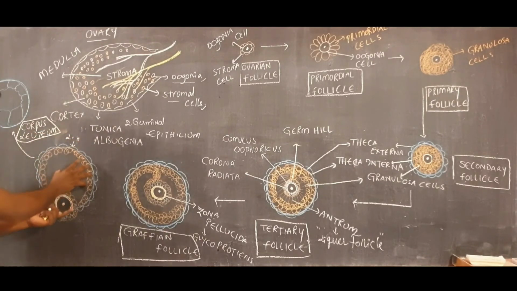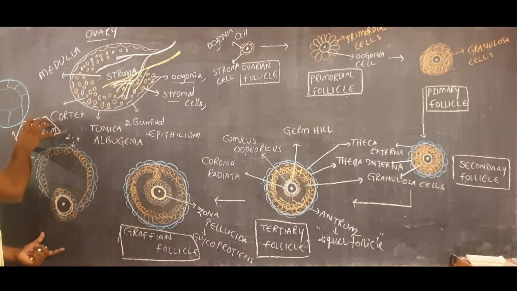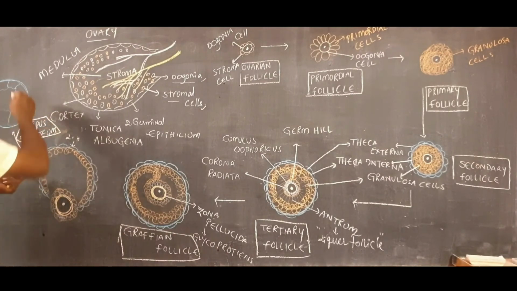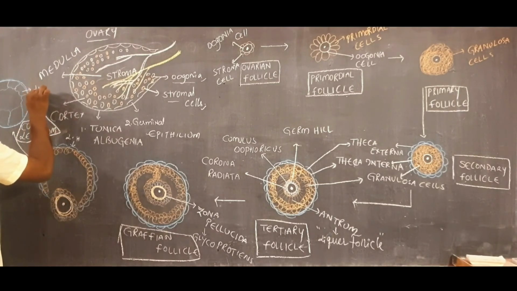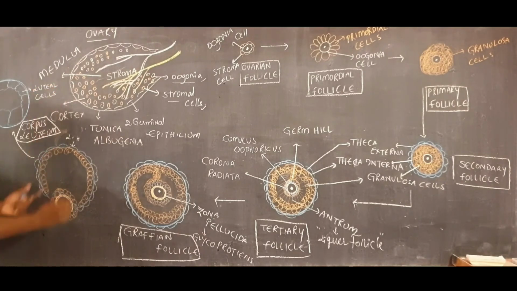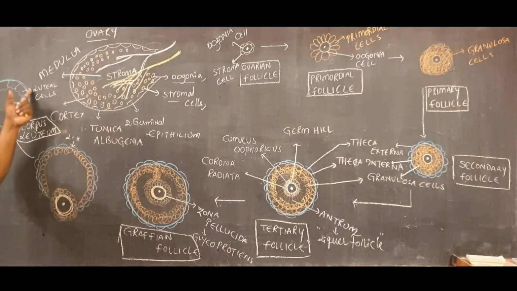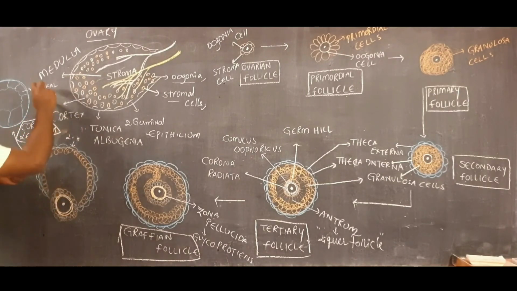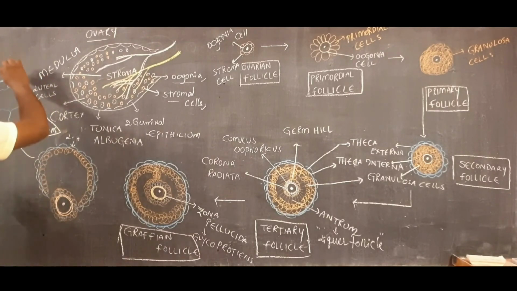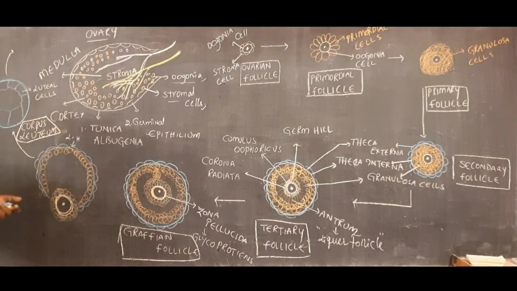So when the ova is released outside, remaining empty follicle will change into corpus luteum. And here, cells which are present within the corpus luteum are also called luteal cells. That means these theca cells will help to form or proliferate into the cavity, and those cells are also called luteal cells. And then corpus luteum changes into corpus albicans.